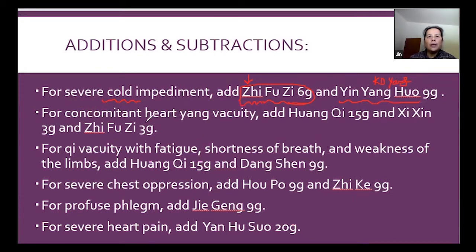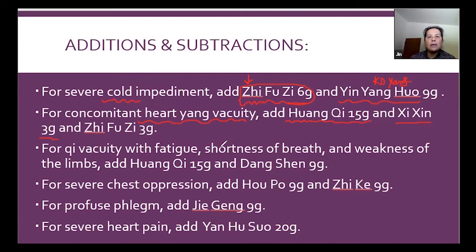And if we especially think about heart yang deficiency, we can add in 黄芪 and 细辛 and 制附子. Generally 黄芪 is a qi tonifying herb. 细辛 is a pretty warm herb. They can warm internally and externally. So 细辛 you can use for internal cold conditions, or even external cold conditions.